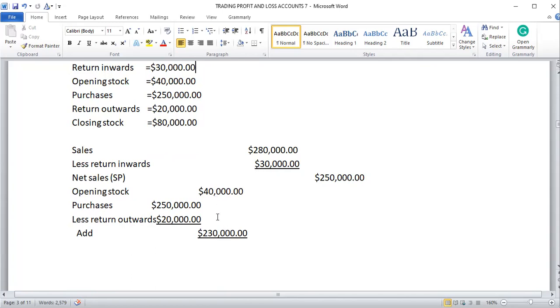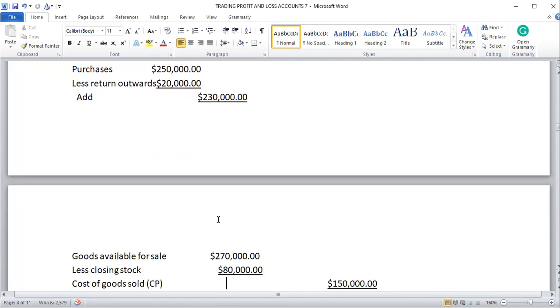Then we add it to our opening stock. We arrive at goods available for sale of $270,000. Then we deduct our closing stock, which is $80,000. So $270,000 minus $80,000, we get our cost of goods sold of $150,000.